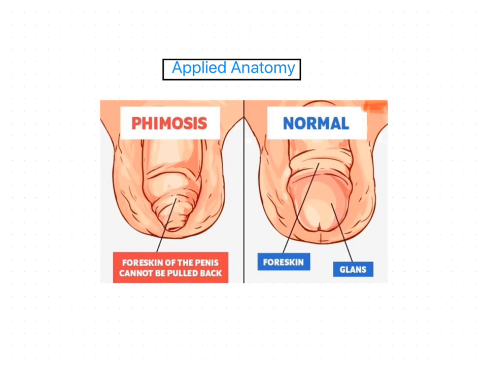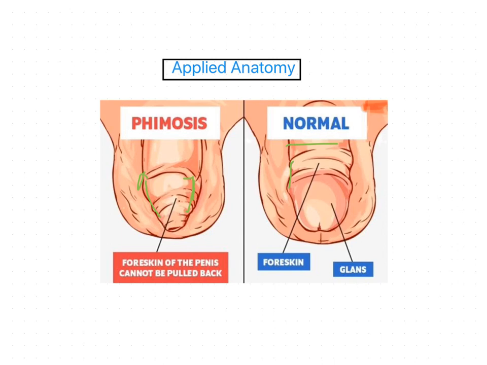So what is happening in such a condition: in phimosis, the retraction of the prepuce, that means the skin, is difficult, and difficulty is experienced during intercourse. So this is the normal penis which is having completely retracted skin, and here the skin is not retracted properly.